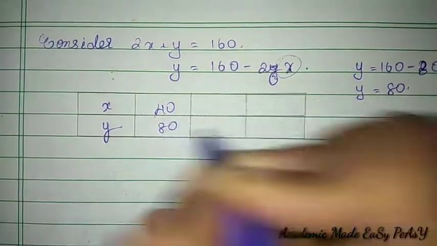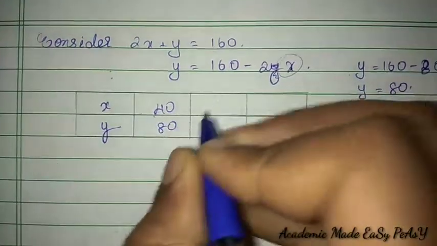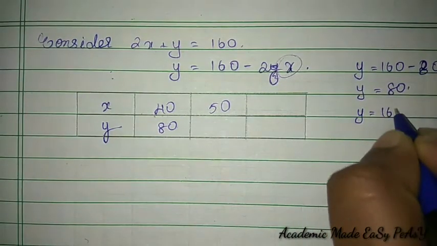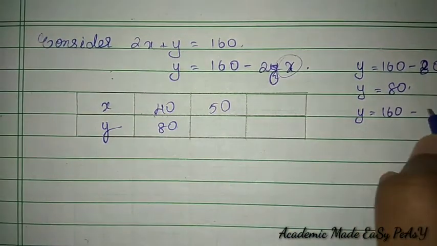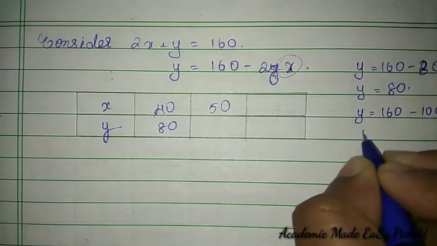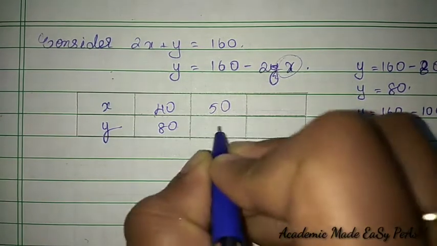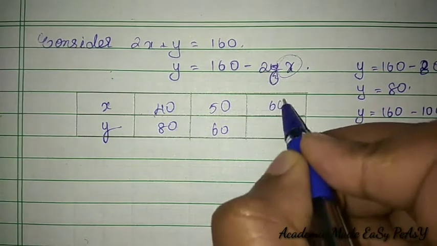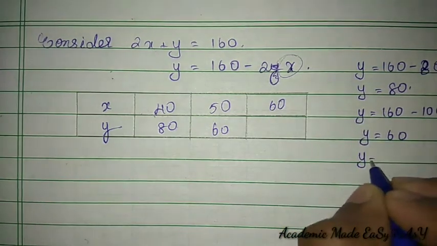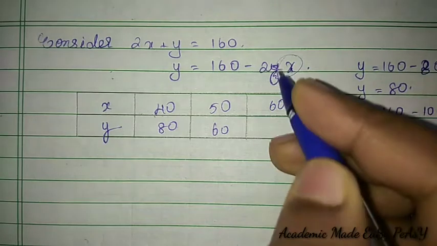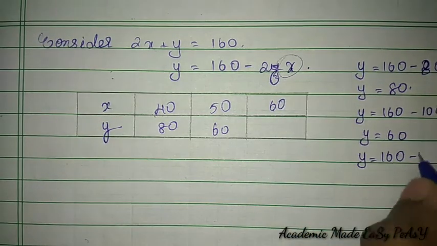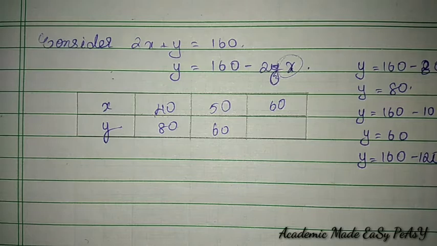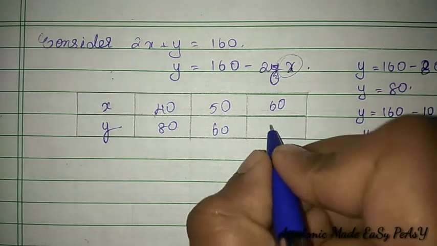So 80 over here. Next I will take 50. So y is equal to 160 minus 2 into 50, that is 100. So y is equal to 60. Next I will take 60. So y is equal to 160 minus 2 into 60. It is 120, so 160 minus 120, it is 40.